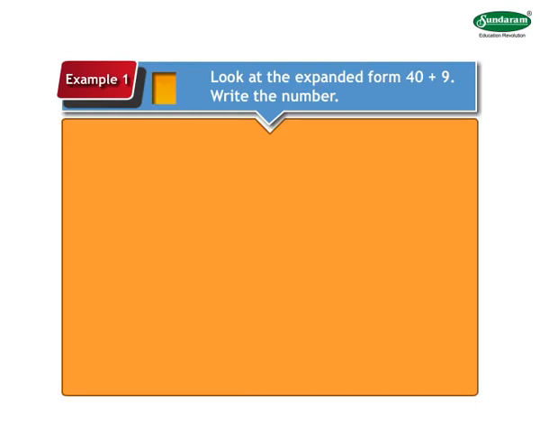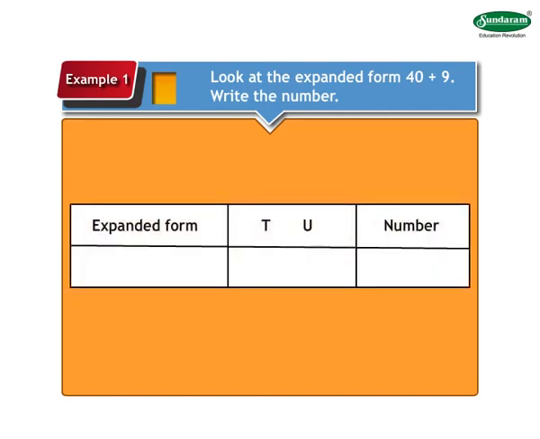We already know that expanded form of a number means nothing but adding the place value of its digits. Thus, the expanded form 40 plus 9 means the place value 40 plus the place value 9.